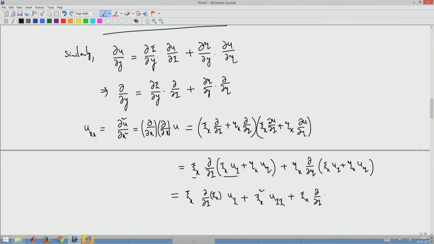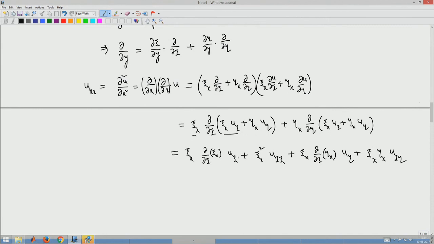Similarly, you get xi_x dou xi of eta_x into u_eta, plus xi_x eta_x into u_xi eta. This is what you get if you expand this one. Similarly, you do this side; four terms you will get, where you simply replace xi with eta.